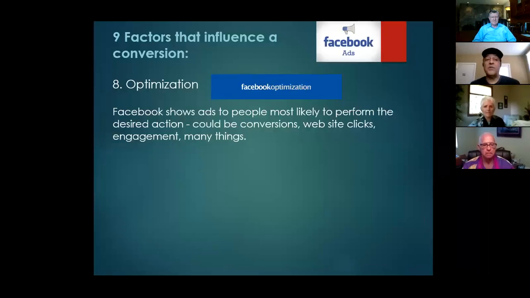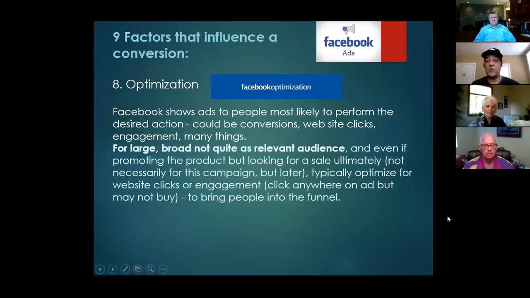Point 8 of the 9 factors is the optimization, and that's what we were talking about before. Facebook ads shows ads to people most likely to perform the desired action. Could be a conversion to subscribe to a list or to buy the product, website clicks on different pages, engagement in one way or another, many different things. They have a drop-down box for that.